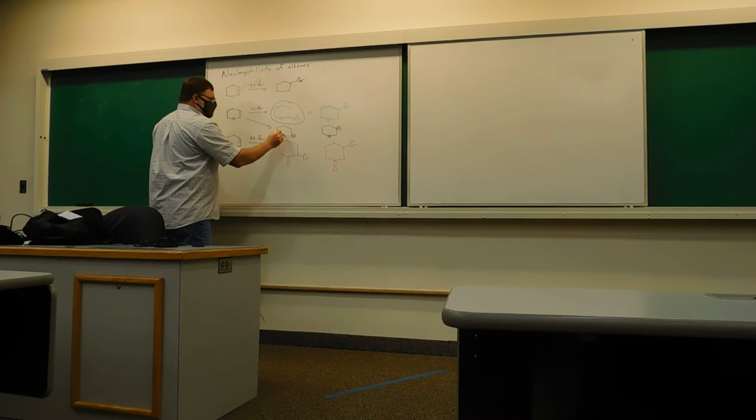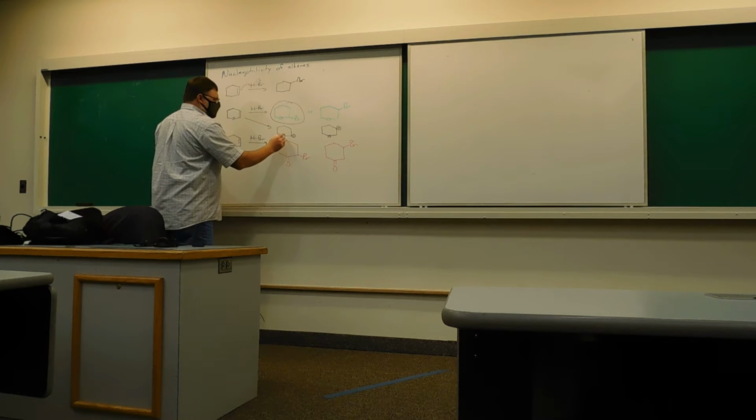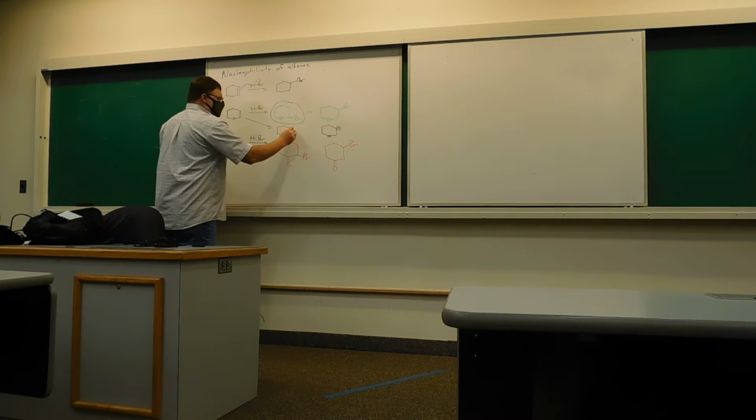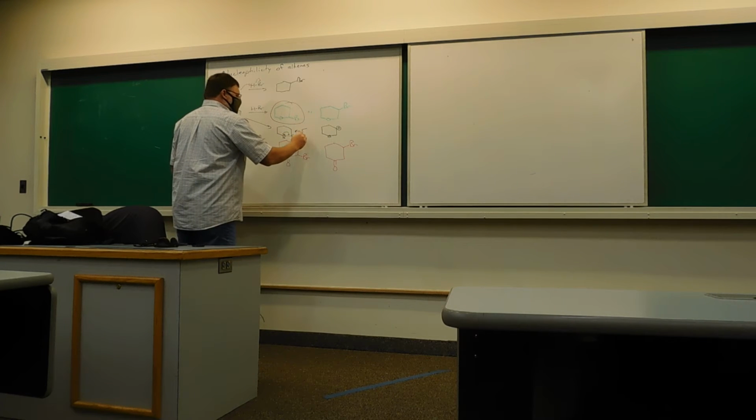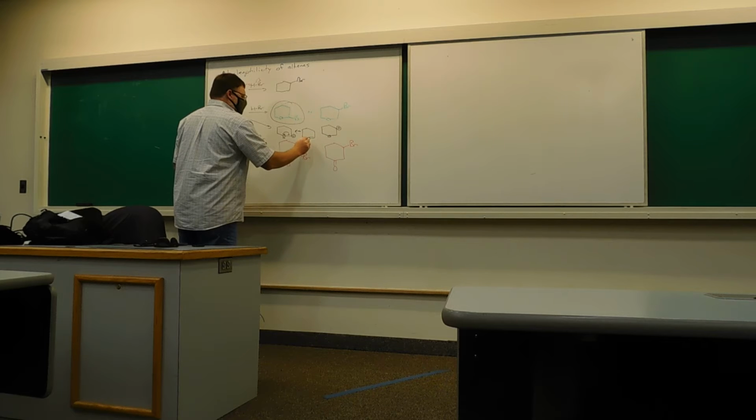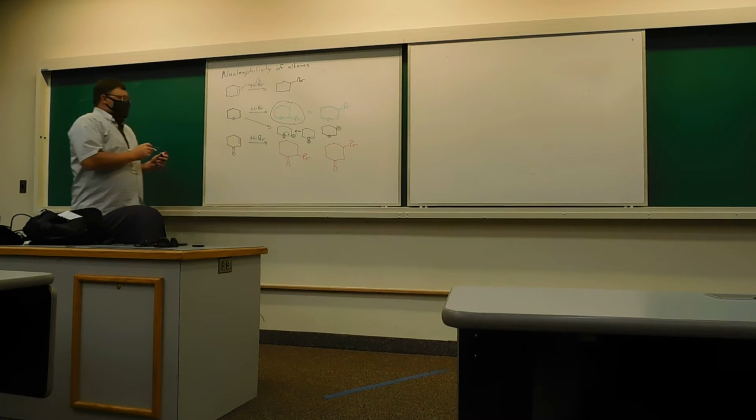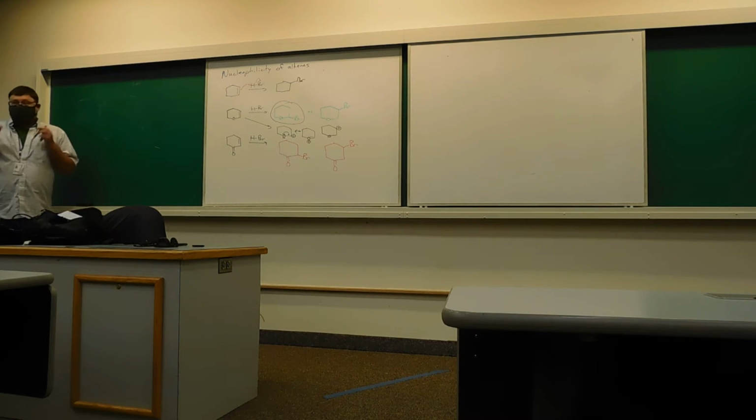The reason for that is you can delocalize that positive charge. So this cation actually has a resonance structure that looks like that, with a positive O. The carbon-oxygen bond length is close to that of a carbon-oxygen double bond.